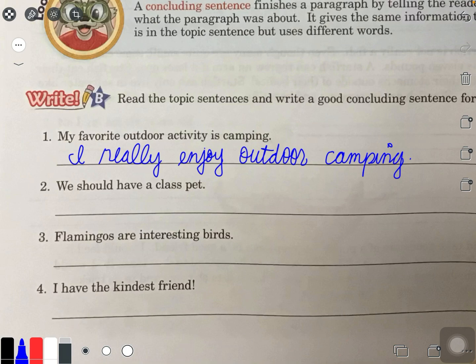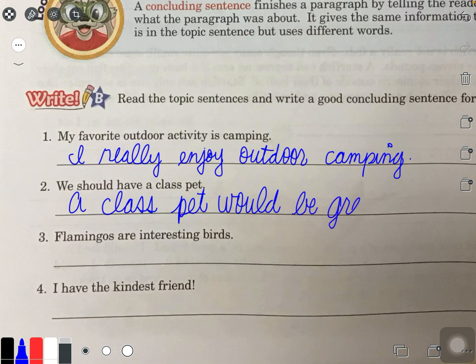So maybe you can say something like, and that is why a class pet would be great. Or you can say something like, a class pet would be great for our class. That's kind of redundant. So I can say something like, a class pet would be great, and you're done. Okay, that would be the concluding sentence.